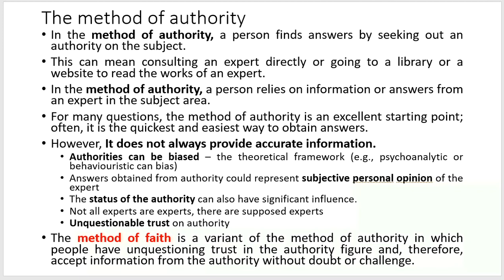Why? Because it is not necessary that it will always provide accurate information. Even a good researcher, for example, Fechner gave a law in psychophysics, and it was accepted by us for a long time. But another researcher, Stevens, came, he challenged the idea given by Fechner, and he replaced his law with his own law, that is called Stevens power law.